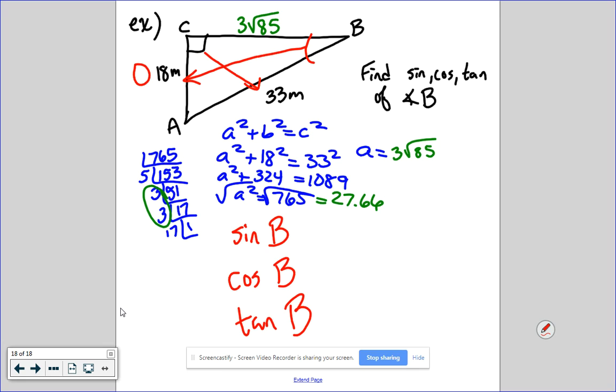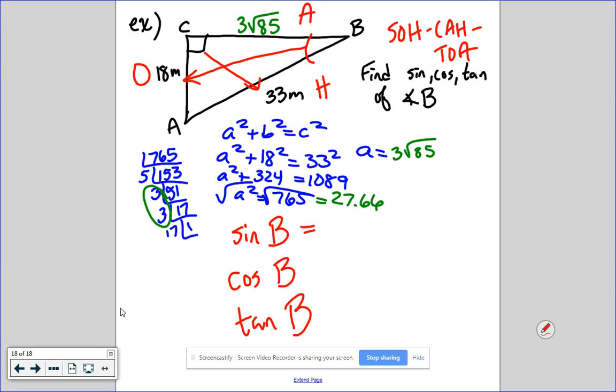What's my adjacent side? 3 square root 85. What's my hypotenuse? 33. And again, you may think it's silly, but still to this day, every time I do a trig problem, I write that out. It's just a good habit to get into so you don't forget the ratios.